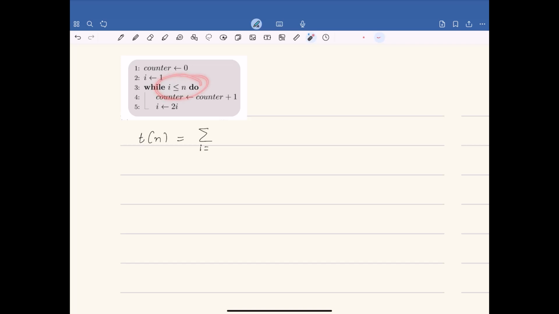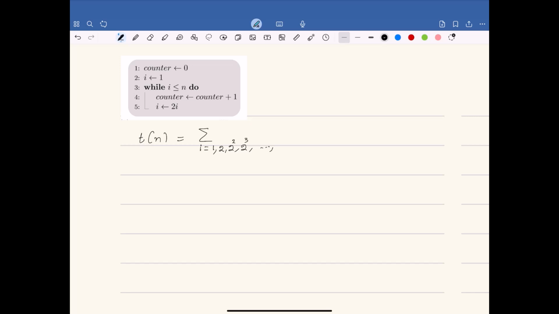The first value of I is 1. In the next iteration, it will be multiplied by 2, it will be equal to 2. This 2 multiplied by 2 will be equal to 2 to the power of 2. Again multiplied by 2, we will have 2 to the power of 3, and so on.